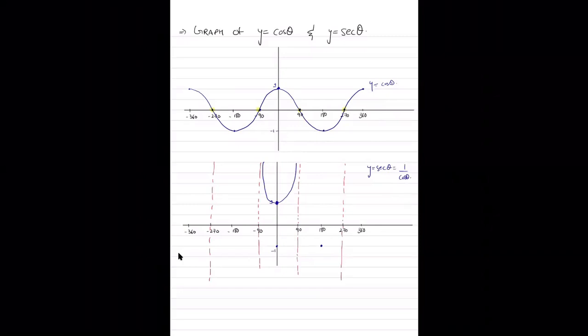Then at 360, it was 1. Before 360, it's decreasing, so it's going to increase. At minus 180, it was minus 1, so we will have a shape like this. And at minus 360, it is going to increase like this.